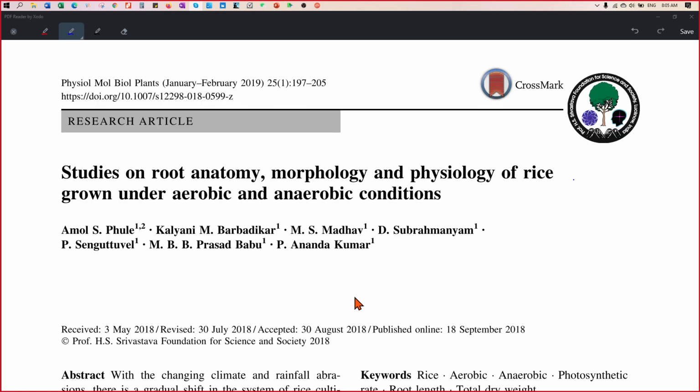It's about rice, how rice is able to live aerobically and also anaerobically. What happens to the rice that makes it able to live in two different environments? So aerobic rice is rice that does not live in the regular flooding condition.